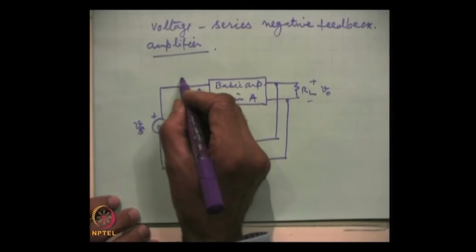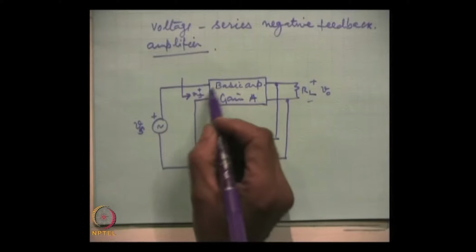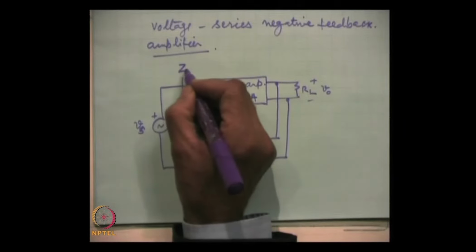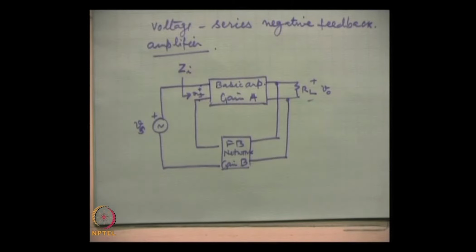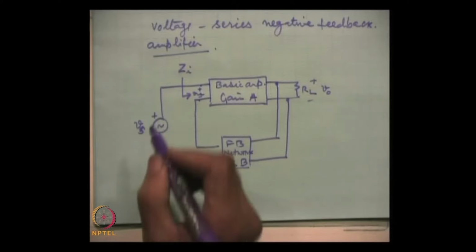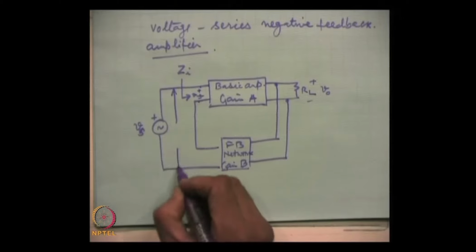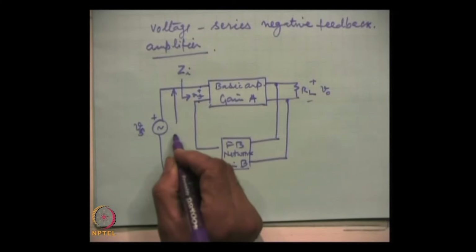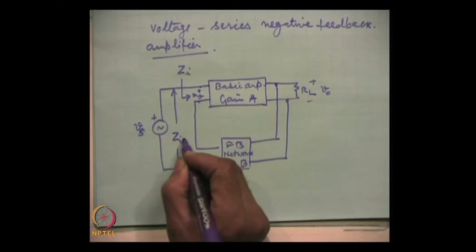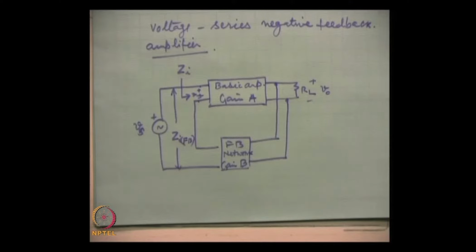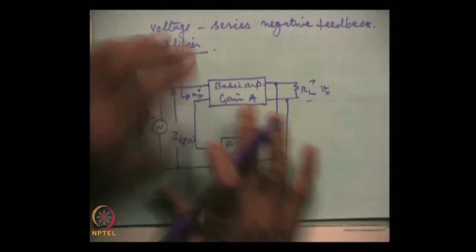We measure the impedance here. If we measure between these two terminals, that will be the input impedance without feedback, and when we measure from here to here, this will be Z I F B with feedback, because we exclude this.